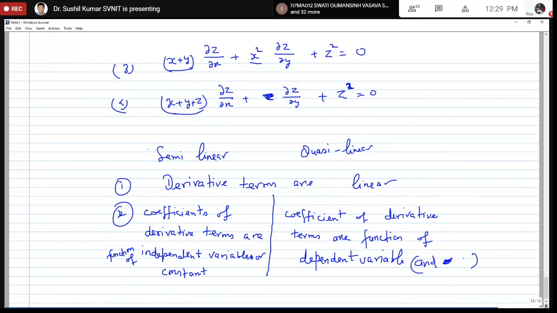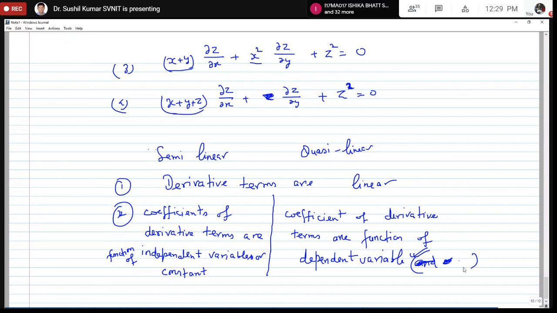No, not 'and', it is not possible. And what will we write? No, okay, it is okay. These are functions of the dependent variable. It may have independent variables also. If you write 'and' here, then it will be a restriction that independent variables are present. If I write 'or' here, then it will be dependent variable or independent.